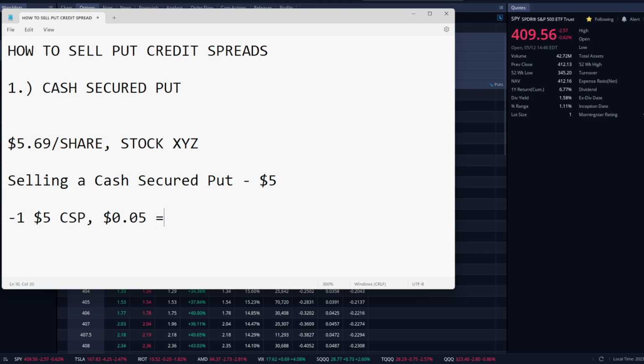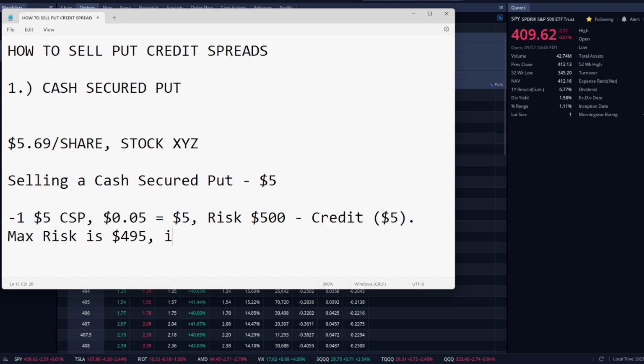You'll get paid $5. Your risk is the amount of collateral you have to put up, so in this case $500 minus the credit of $5. So max risk is $495 if stock XYZ goes to 0, aka bankrupt, whatever.